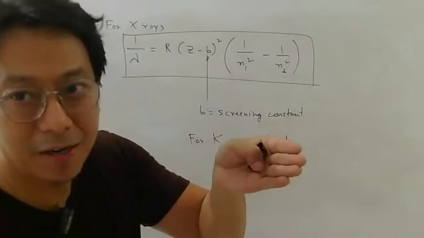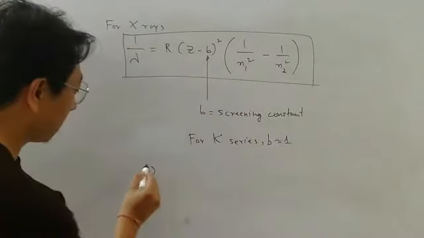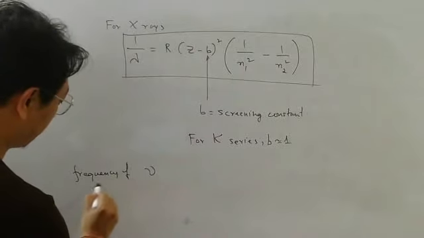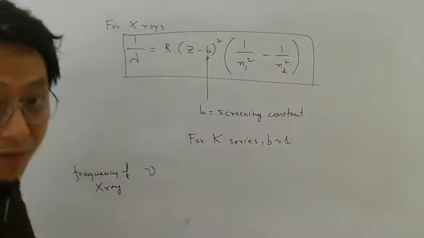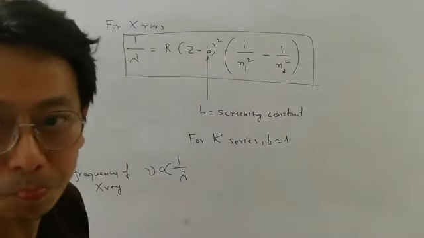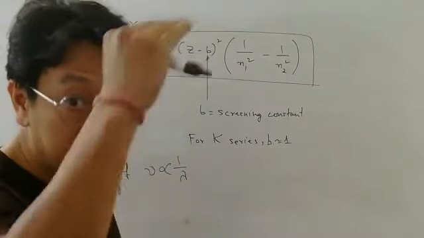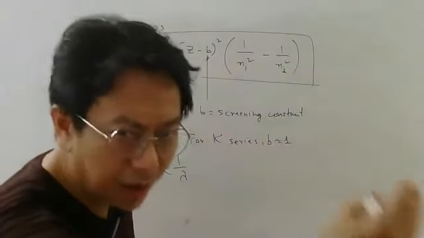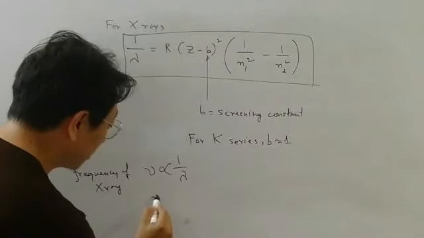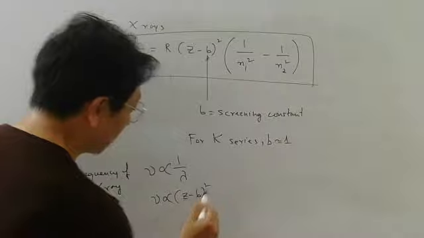If X-rays are coming out with wavelength lambda, then they will have some frequency also, nu. So this is the frequency of the X-ray photon. That frequency will be inversely proportional to wavelength. That means from this formula, for a given transition, let's say from 2 to 1 or from 3 to 1, the frequency will be proportional to (Z minus b) whole square.